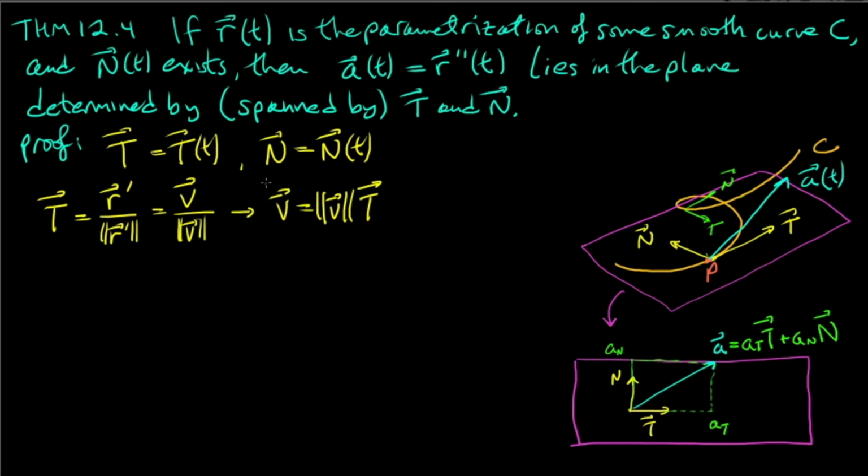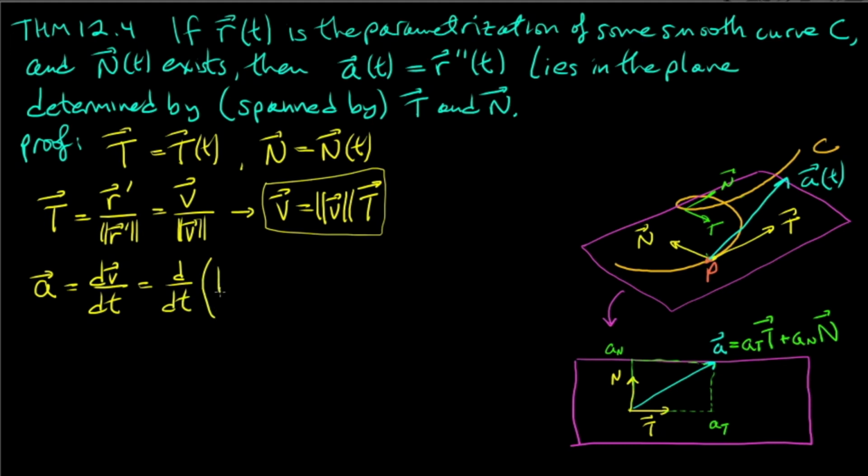So keep this in mind. And so the acceleration is just going to be the derivative of the velocity. Yes, we can write it as v prime, but we're going to take the derivative of the velocity. That means we have to take the derivative of the speed times T, and that's a product, so we need the product rule.